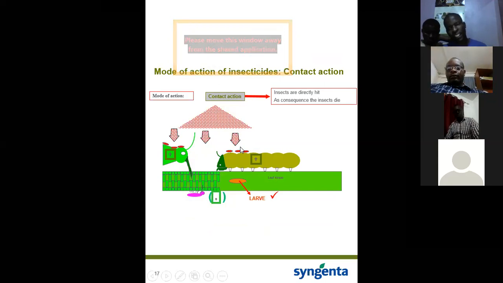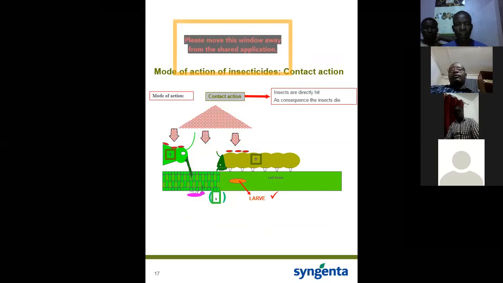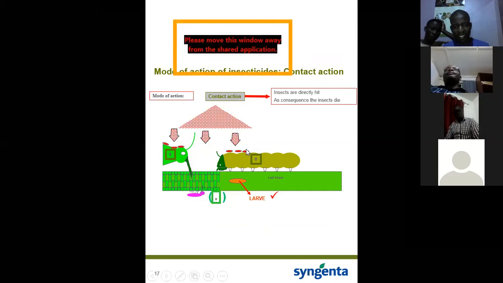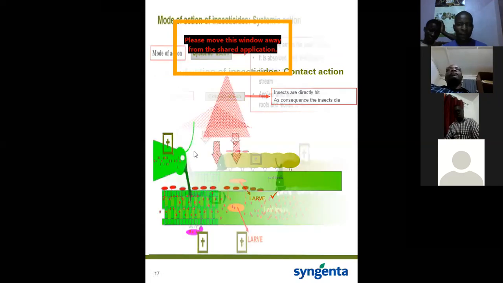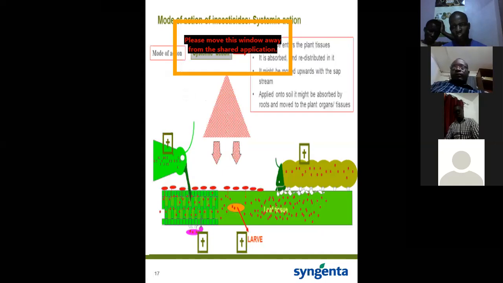A contact chemical is better sprayed when you know that the pests are on the crop. When you spray it on an insect, the insect will be knocked down. So as a farmer, you need to know the type of chemical that you are spraying, whether it's a contact, a systemic, or something that has residual action.